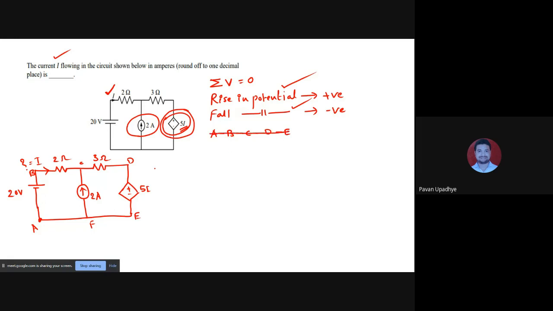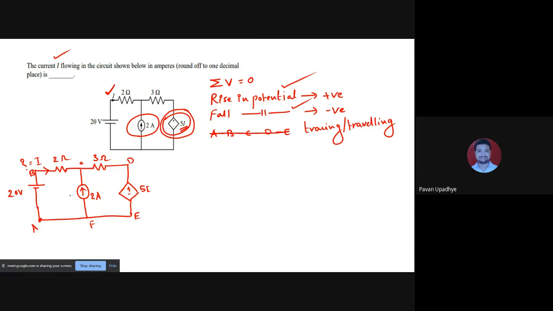When tracing the circuit, you have to start from some point A and travel across the circuit, assuming the circuit branches are your path, and you have to come back to that point.